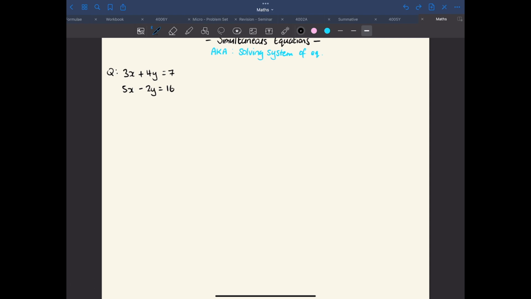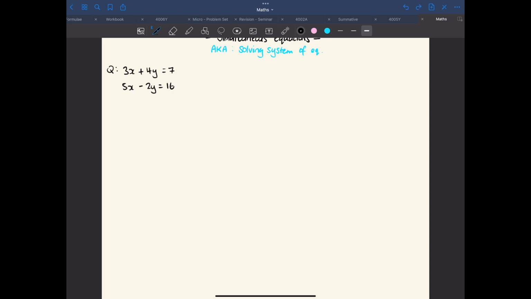So we have two equations here, and there's a lot of things we can do. The first method is to rearrange. Actually, no, three methods. You can rearrange and then substitute one into the other.